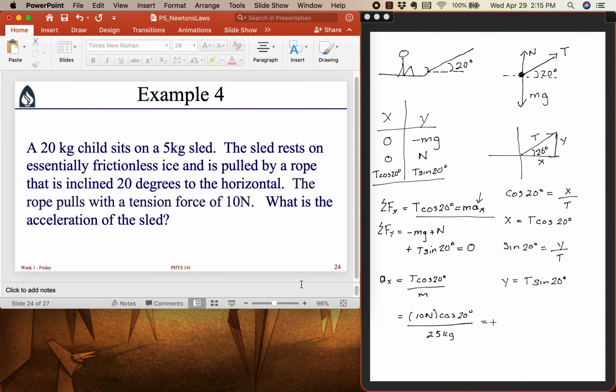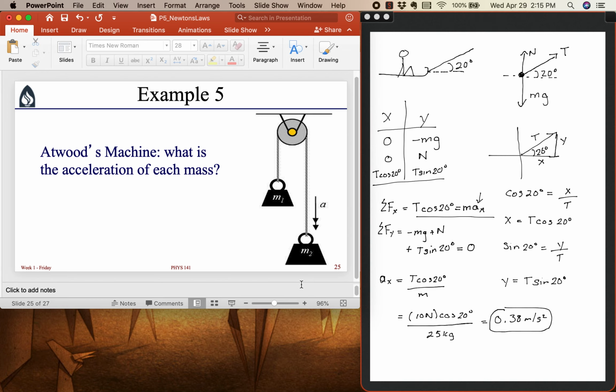And if I put that into a calculator, I'm going to get a number that's about 0.38 meters per second squared. So that would be then the acceleration of the sled in the x direction.